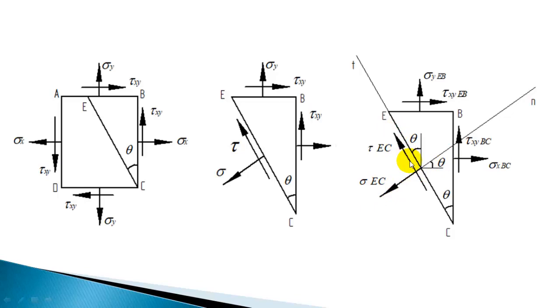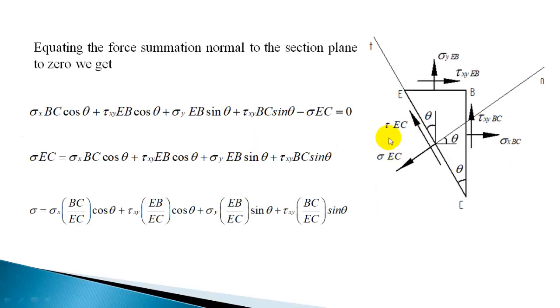This is acting normal to this plane, so this has no component in the normal direction. It is 90 degrees, the component is cos 90, which is 0. So I'll show it separately here. Now let us sum up the forces normal to the section plane and equate to 0.